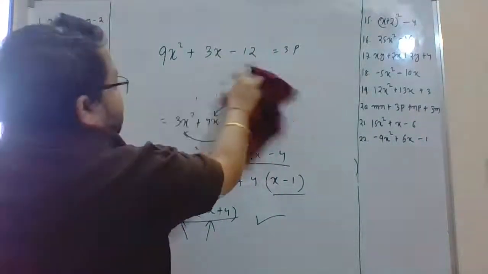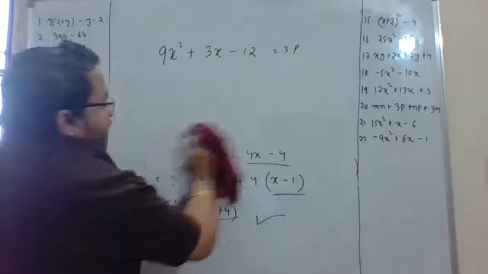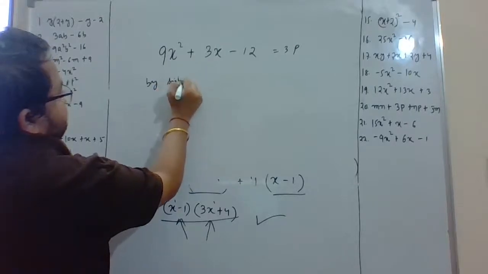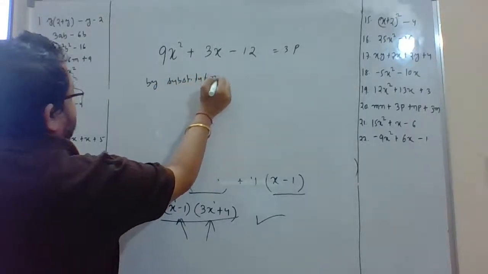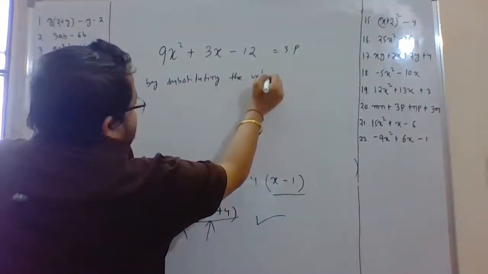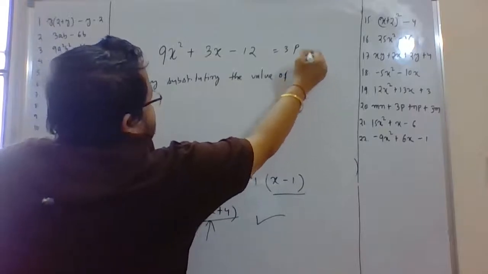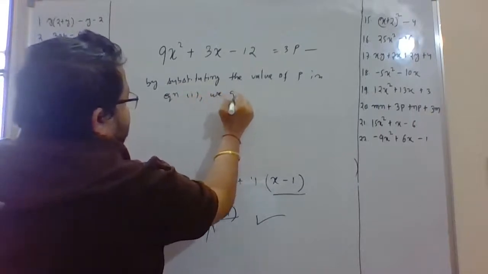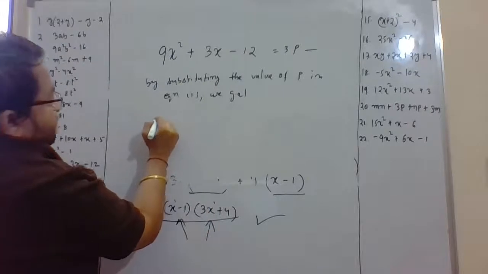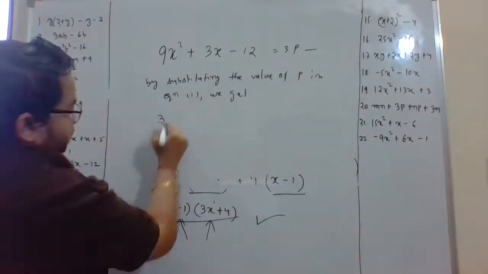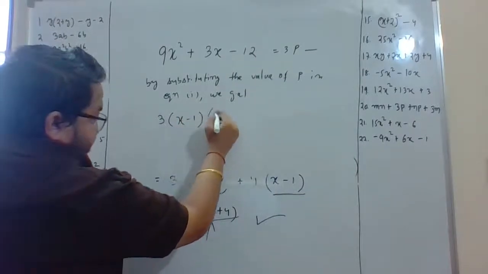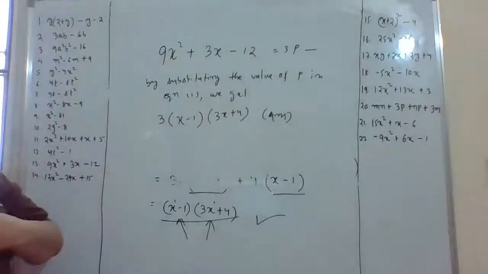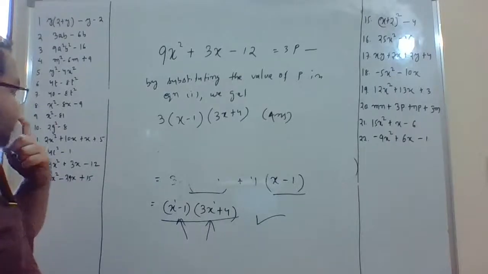So just write down that by substituting the value of p in equation 1, we get 3 into x minus 1 into 3x plus 4, which is the fully factorized form of this problem, right? So this is how this can be solved.